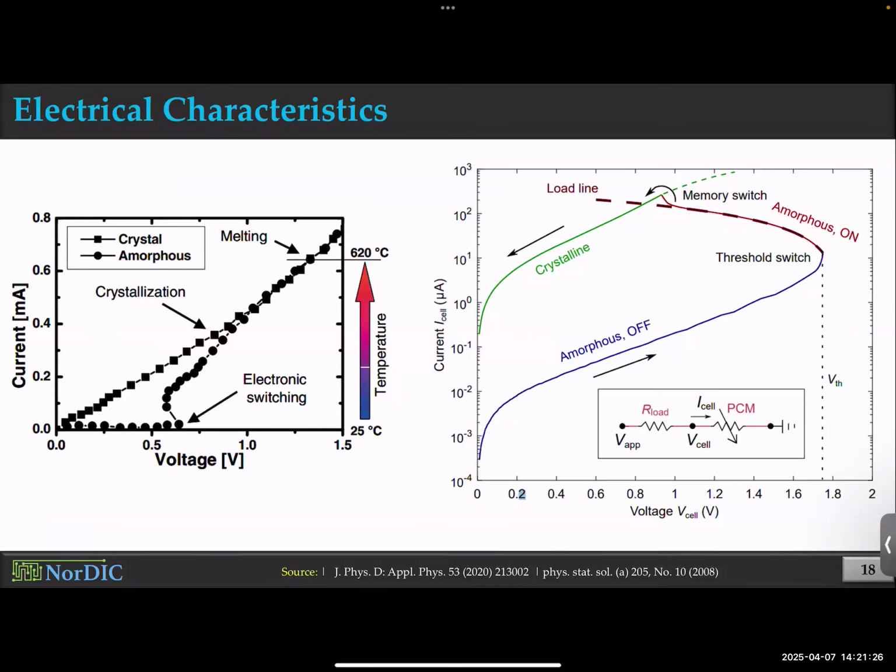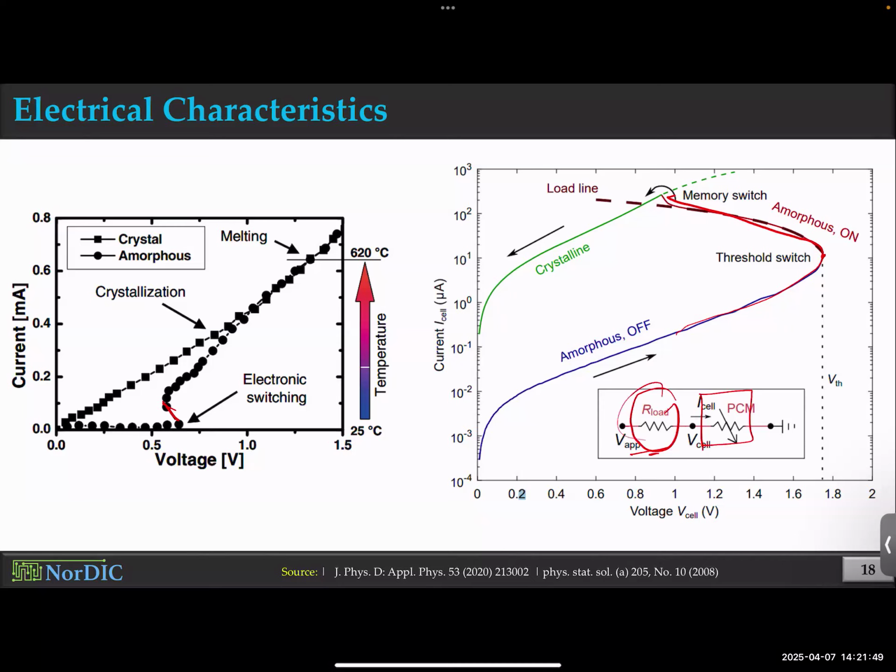All right, so we just discussed this. These are all past things that we already discussed. Remember the negative differential resistance that we discussed? So in phase change memory, this was the experimental data. When you switch from high resistance to lower resistance, there is a voltage redistribution that occurs between the load and the phase change memory cell.